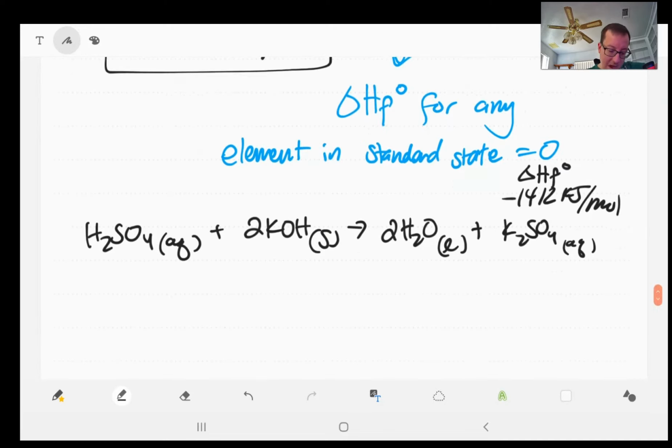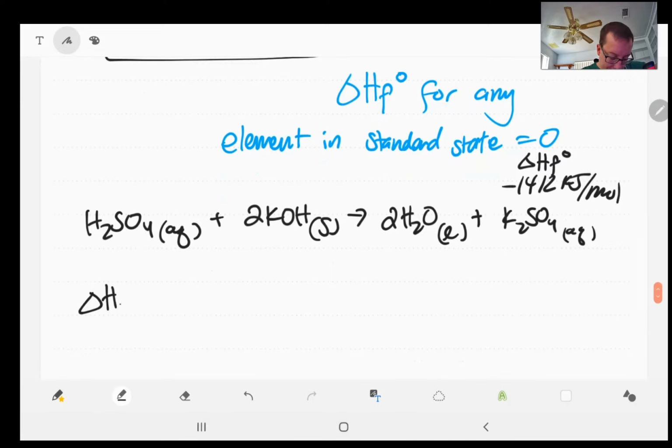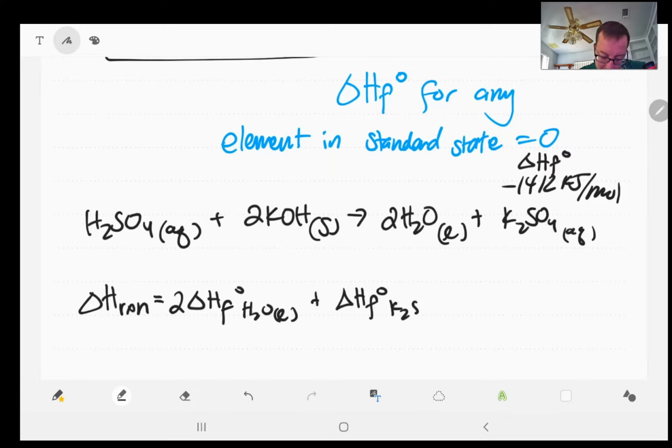So for this reaction, we're looking at products minus reactants, right? So we need 2 times delta HF water plus delta HF for K2SO4 aqueous. Again, that's the number I've made up because that one's not on our chart.